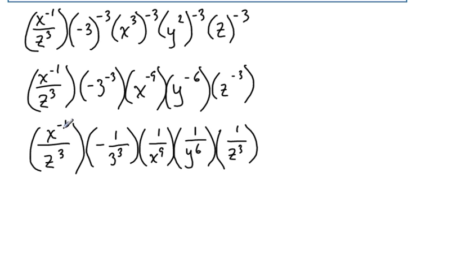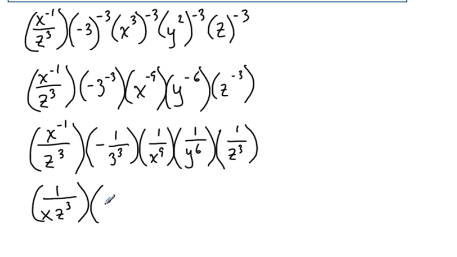Now, we can take this x to the negative 1 here. If you have a negative exponent, like we said, you take the reciprocal. So this x is going to move down to the denominator. So let's write that. If we move it down, I'm going to have a 1, and then x times z to the third. That's what happens to the terms in the first set of parentheses.